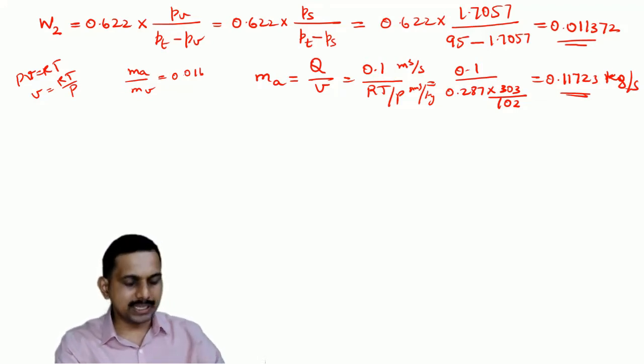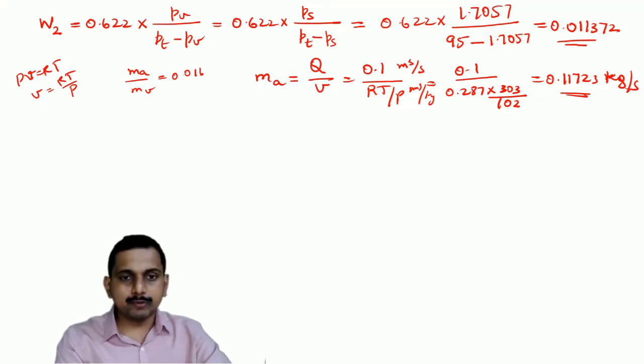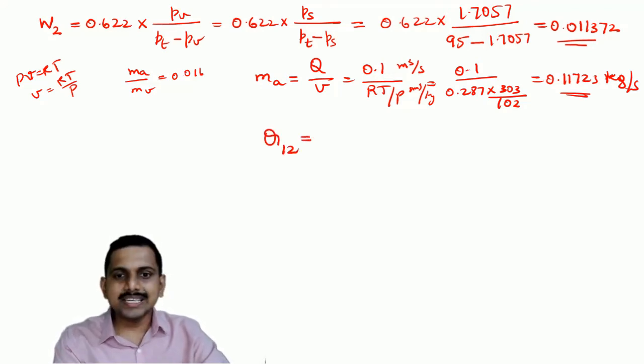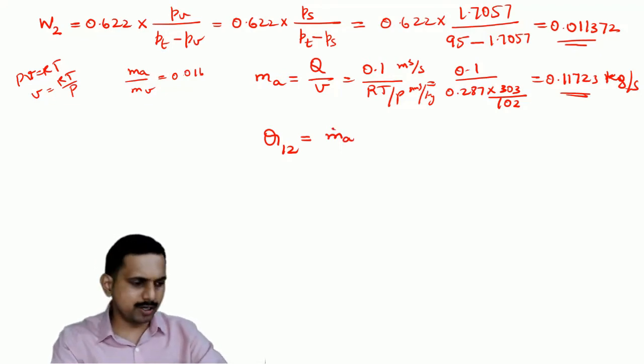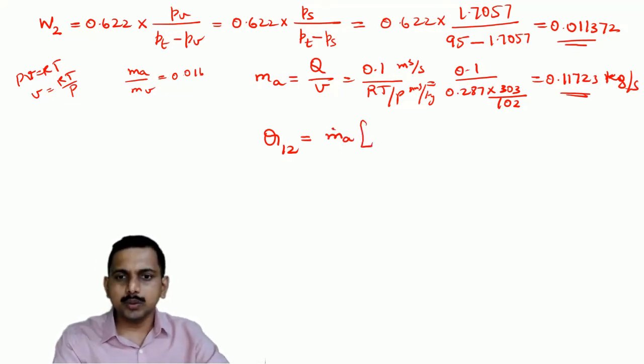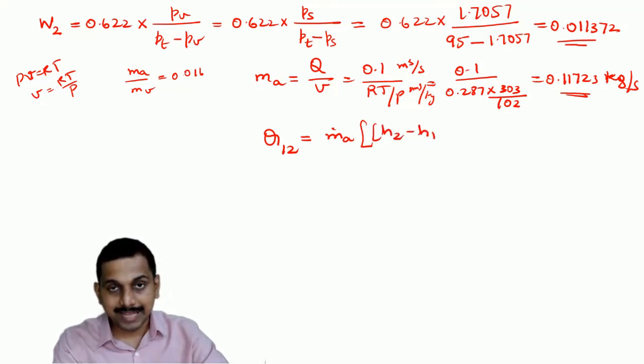Now, next, another point we have to take is the heat loss, Q12. This can be given as mass of air, moist or dry, we are not worried, into H2 minus H1, the enthalpy.